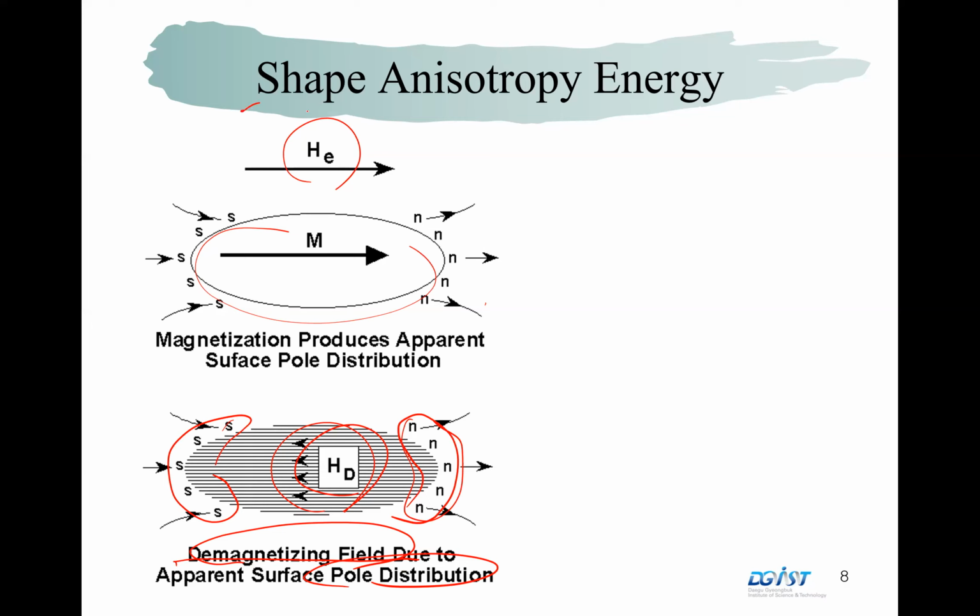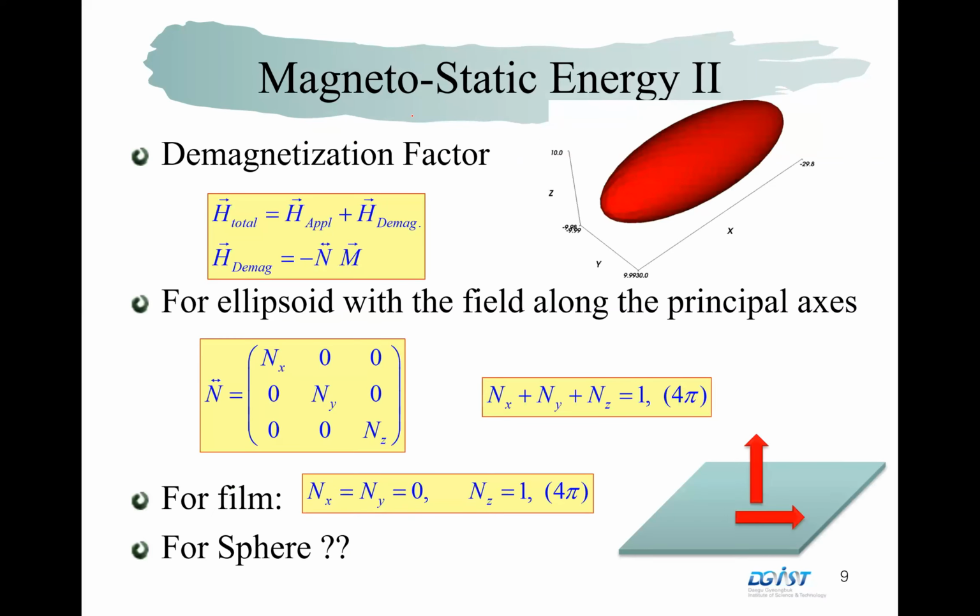That's why we call this the shape anisotropy. Okay. And for this shape anisotropy, we can determine that the demagnetizing field H is proportional to minus M. The left-hand side is a vector, this is a vector, and this proportionality constant is usually a tensor. So more generally, the demagnetization tensor is a more correct expression.